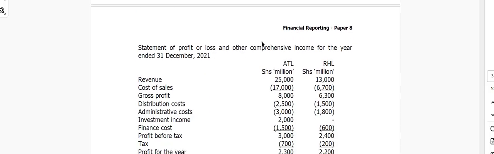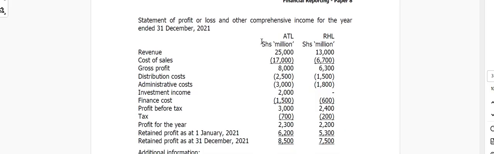So this is the statement of financial position, as you can see, for the two companies. ATL is the parent, then RHL is your subsidiary company. Have a read of the question. You have the statement of profit or loss and other comprehensive income for the year ended 31st December 2021.